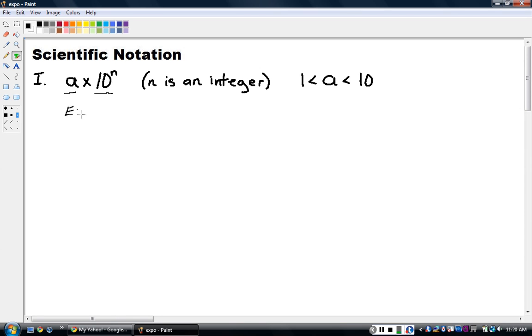The first example will be 4.3 times 10 to the 4th. That's a number in scientific notation. It fits the definition: this first number is between 1 and 10, and it's times 10 to some integer, 4. That's a big number. Eventually we're going to write this in standard notation, just what the number would be.